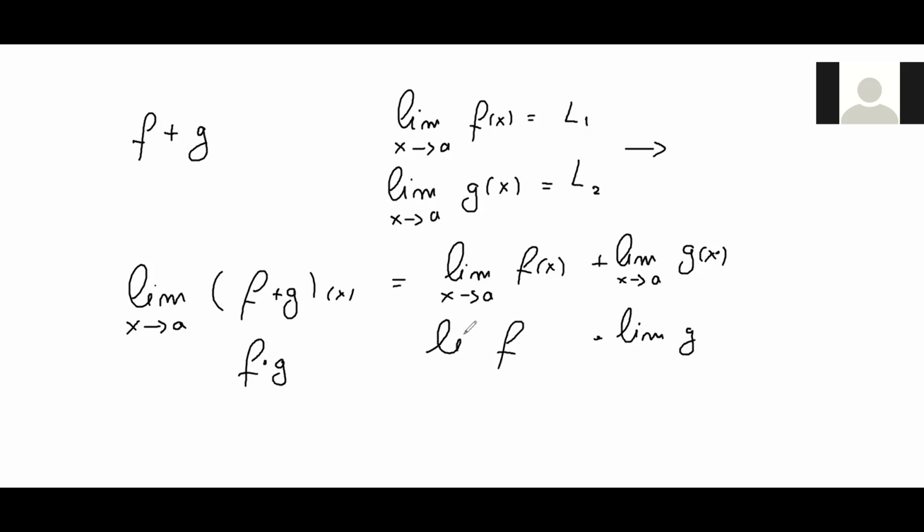Or if you replace the plus sign by subtraction, you will get the difference of limits. And when you can divide, it works for the quotient too, except in the case when the quotient is undefined at the point there.